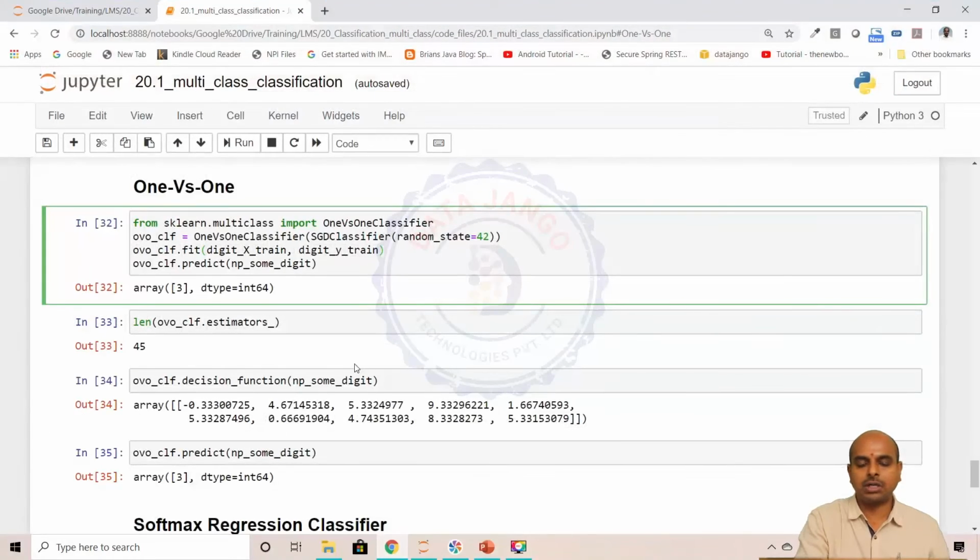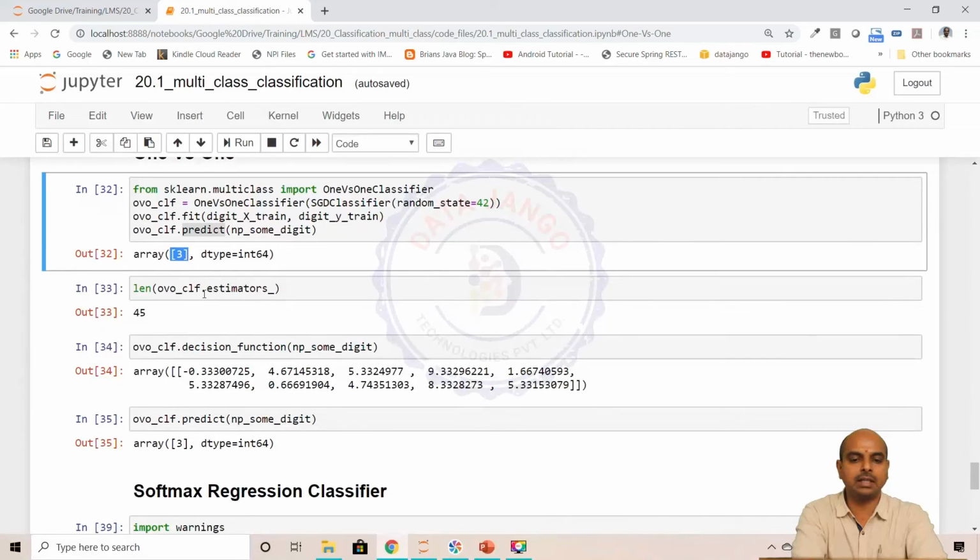If you look at the code, it is very simple. There is a one versus one classifier in multi-class, and you need to pass the classifier there. We have not yet covered the SVM classifier, SVC, so we are using SGD classifier only. And then you need to say fit and pass xtrain and ytrain, and then make predictions.